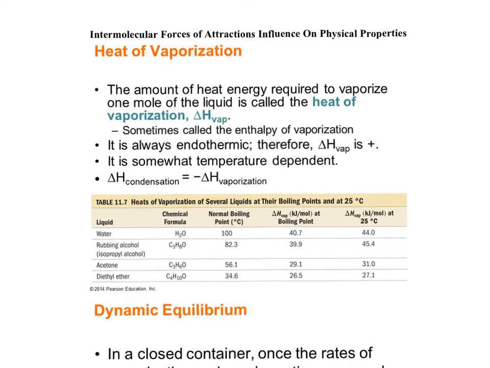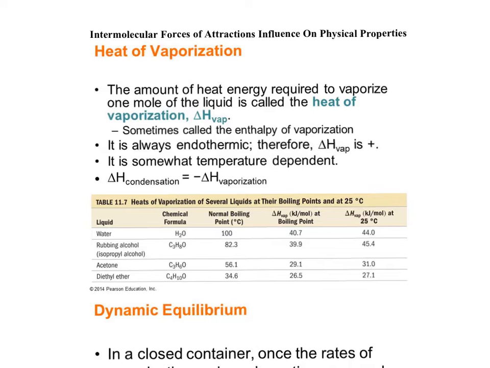For vaporization, which is endothermic, delta H vap is a positive number. When condensation occurs, delta H turns into a negative number. But the number itself is the same, it's the sign that changes.